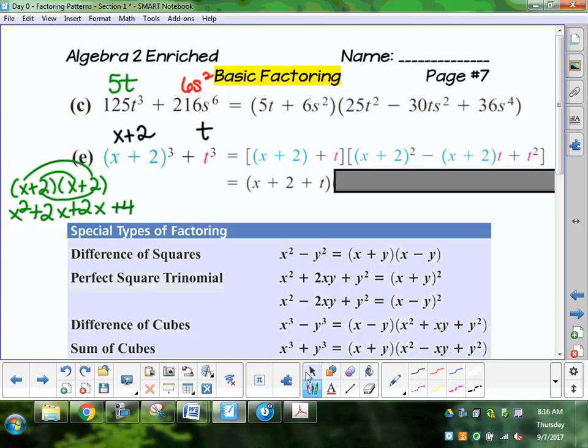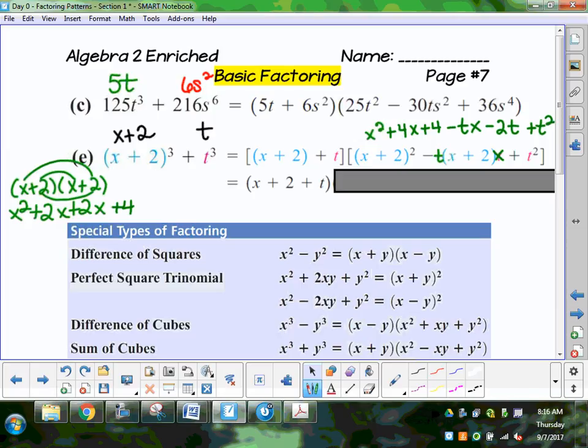So as of right now, I've got x squared plus 4x plus 4 here. What can I do in this piece here? Distribute out the negative t, technically, if you want, you can put the t in front instead of back here. In any case, it would be minus tx, or xt, minus 2t, and then plus t squared.